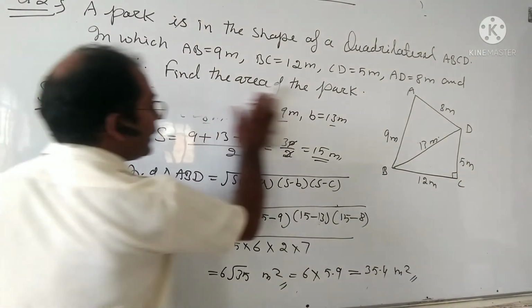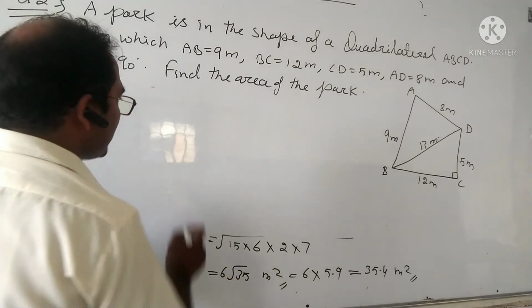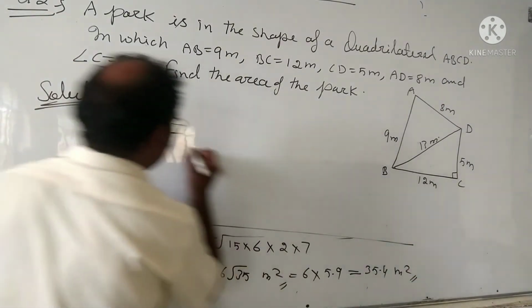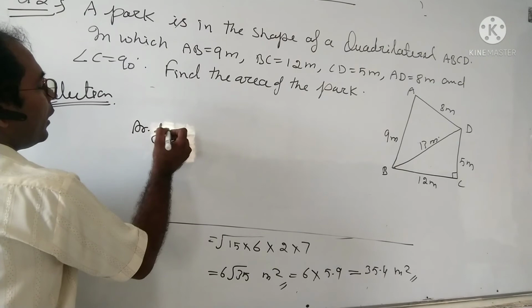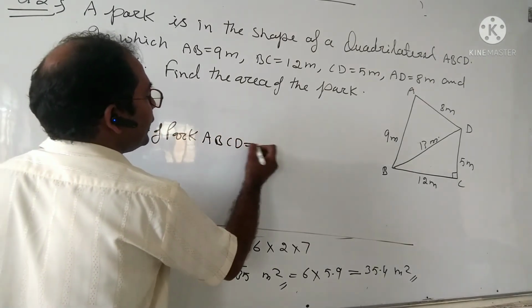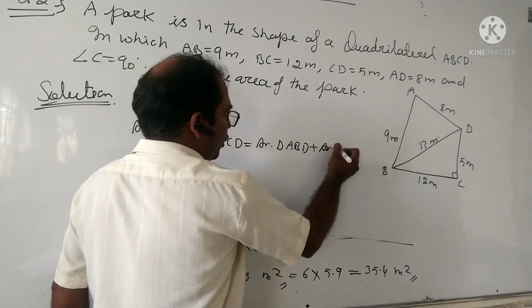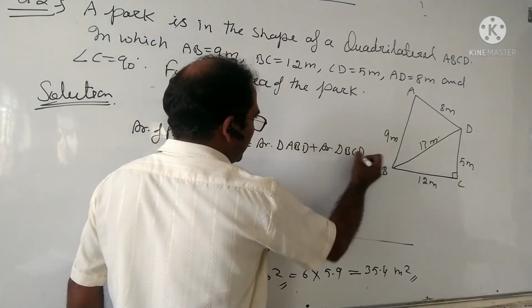Now we have to find the total area of the park. So finally we will write the answer here. Area of park ABCD equals area of triangle ABD plus area of triangle BCD.